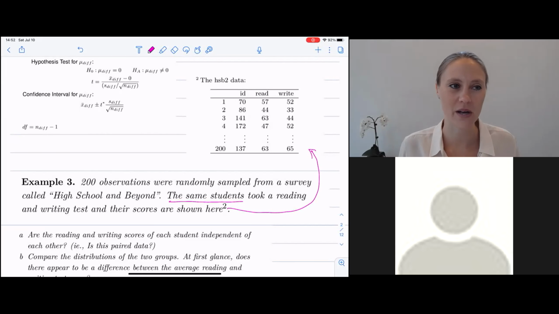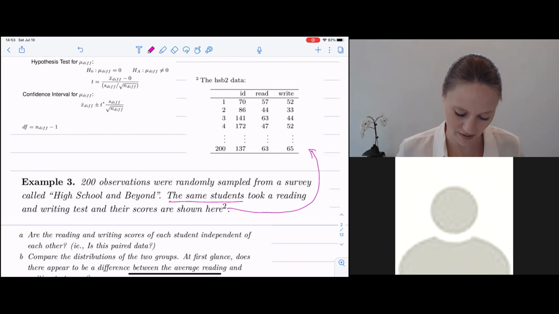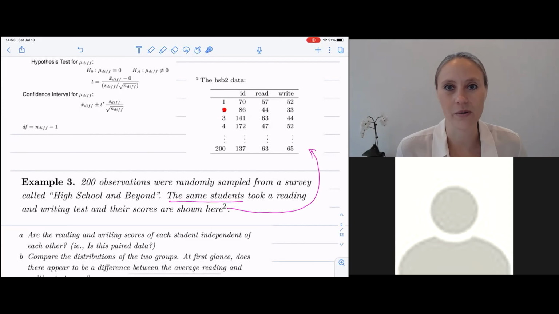I've moved things around. I'm trying to not take up so many pages, but it's hard. Okay, so we've got an observation number, or maybe a row number if you want to think of it that way, 1, 2, 3, 4, and 200 observations.